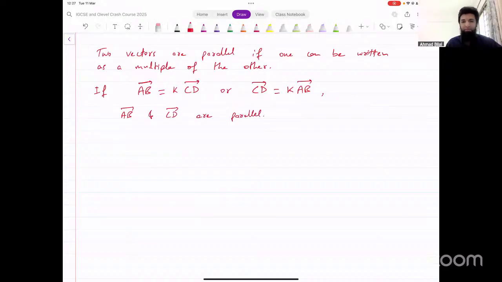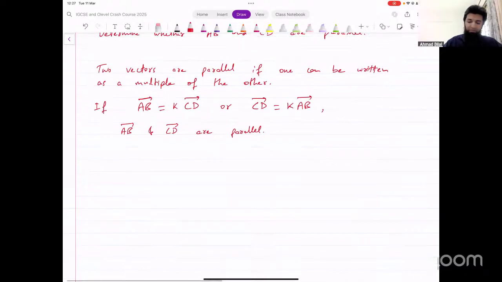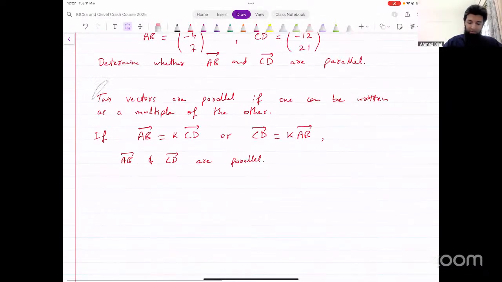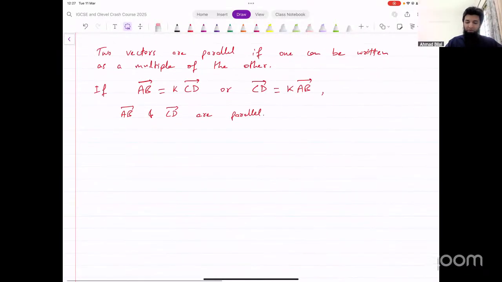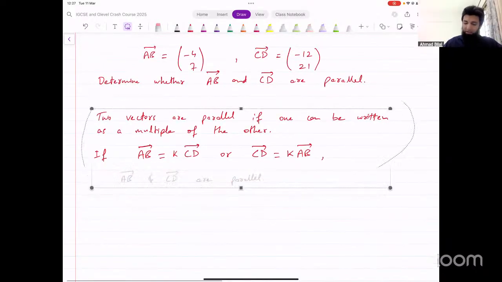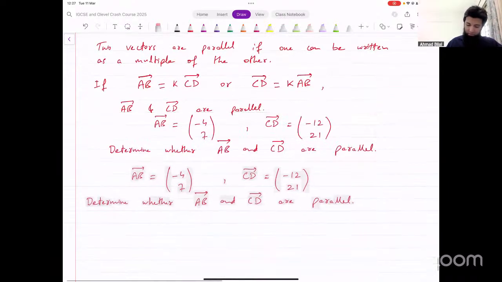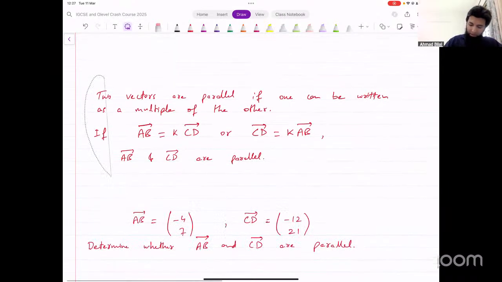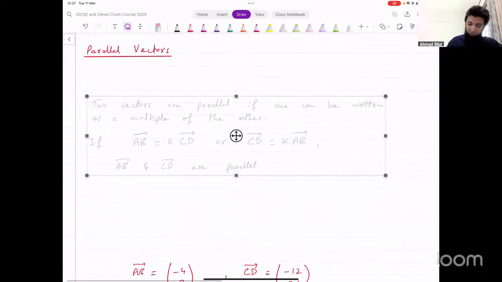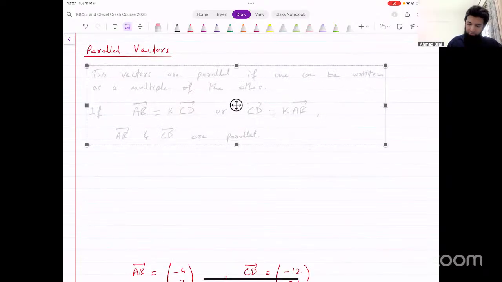That's the idea of parallel vectors. Now, this is one way of proving that two vectors are parallel: if one can be written as a multiple of the other. Let me apply this in this example.